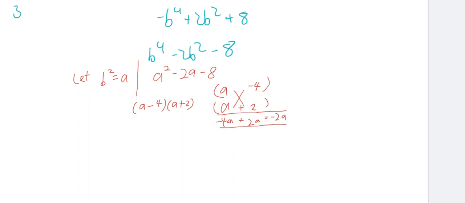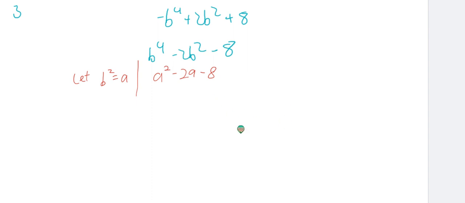Okay, so this one I guess I explain again. So you need to factor it as a plus something times a plus something, and these two numbers should multiply together. Let's say they are r and s. So we need r times s to be negative 8, and r plus s to be negative 2.